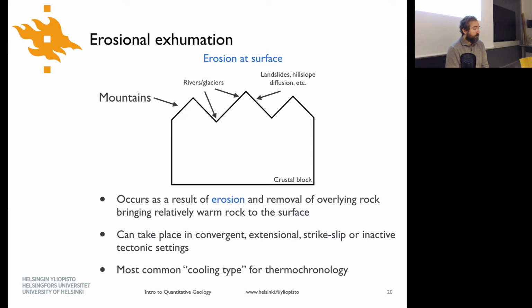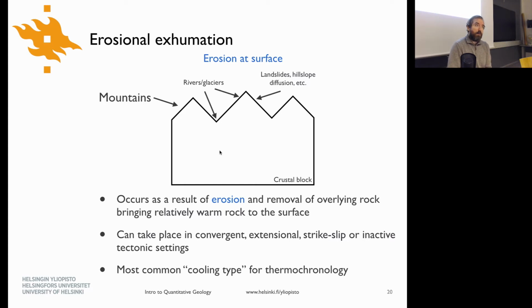One of them is erosion. So if we have here my geophysicist representation of the Earth's topography and a kind of cross-sectional view, some crustal block here. So here's some mountains, and then the crust underneath these mountains. We know even from the earlier exercises that there are various erosion processes interacting at the Earth's surface.